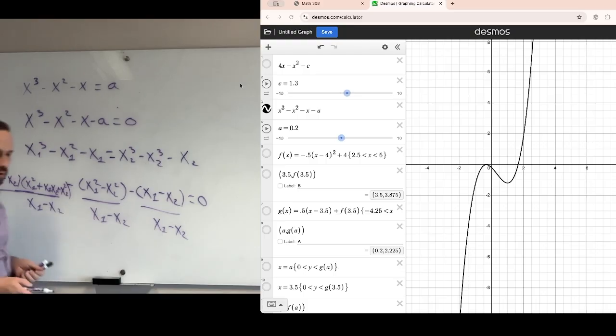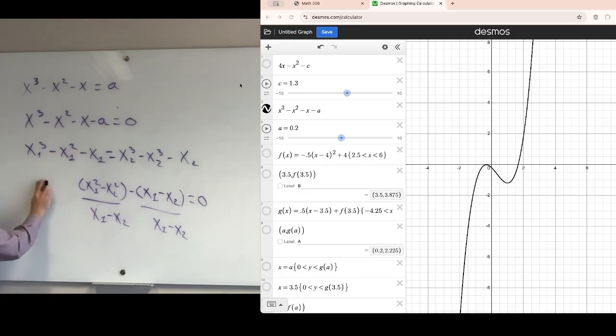And so now what happens when we divide by x1 minus x2? The x1 minus x2 factors cancel, and for this one we're left with x1 squared plus x1 x2 plus x2 squared.